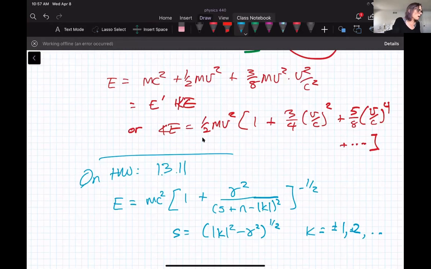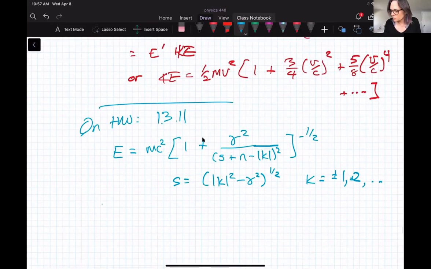Okay, so that's the problem in the homework, and what the question asked you to do is expand it through order of gamma to the 4th, keeping only terms up to gamma to the 4th. Where this becomes tricky and is much more interesting than it appears is that you're not to have this as a function of S. You need to substitute in for what the value of S is.